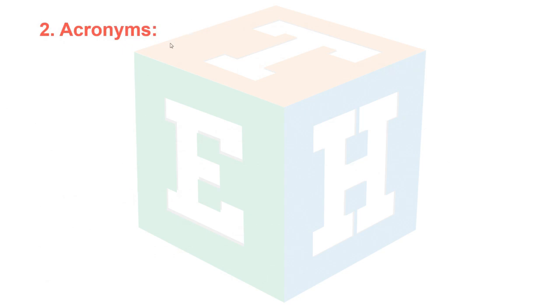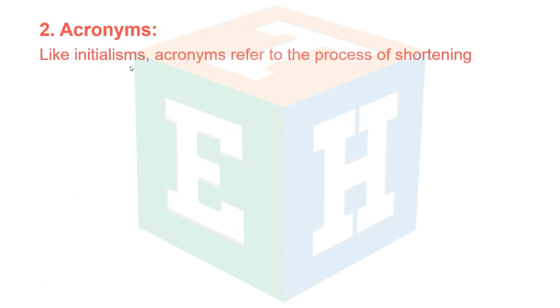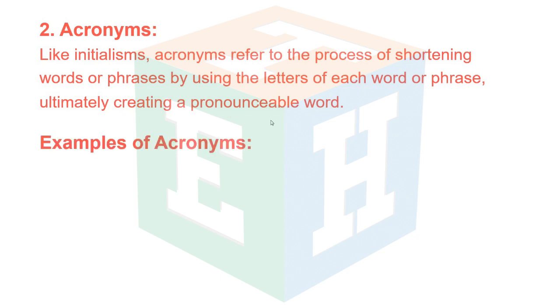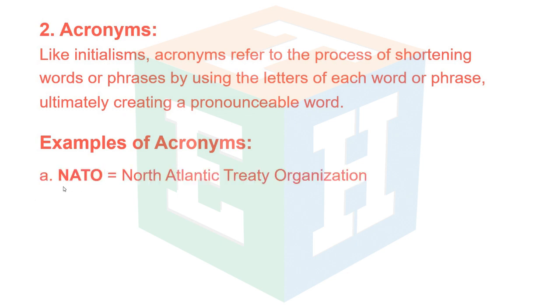Number 2, acronyms. Like initialisms, acronyms refer to the process of shortening words or phrases by using the letters of each word or phrase, ultimately creating a pronounceable word. Examples of acronyms: A, NATO, North Atlantic Treaty Organization.